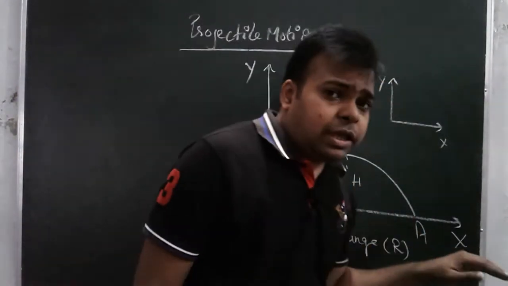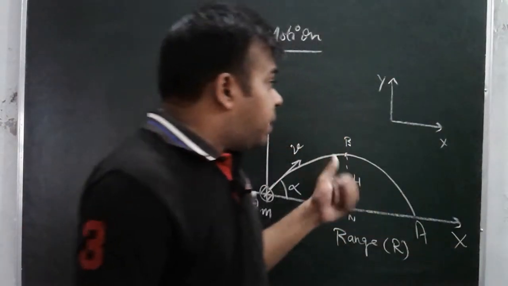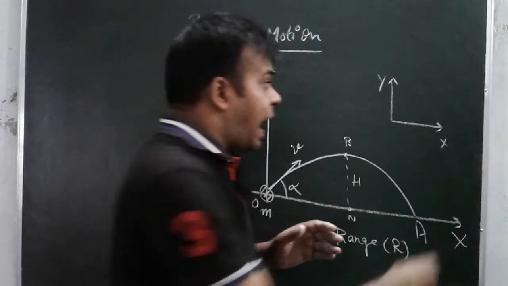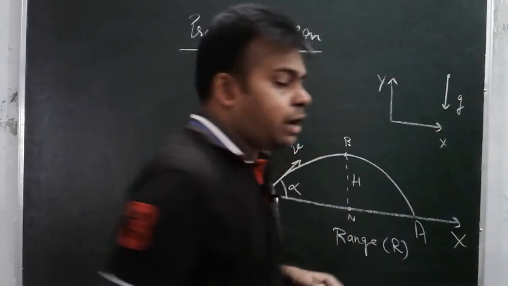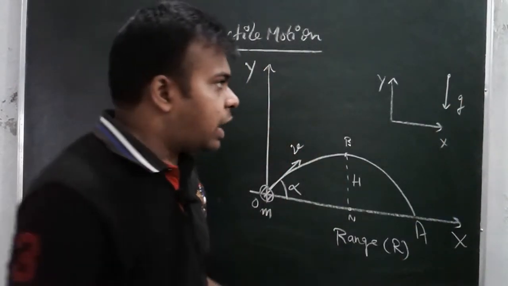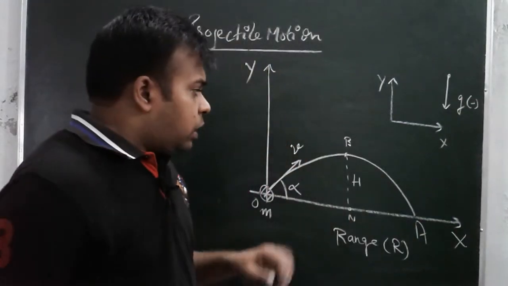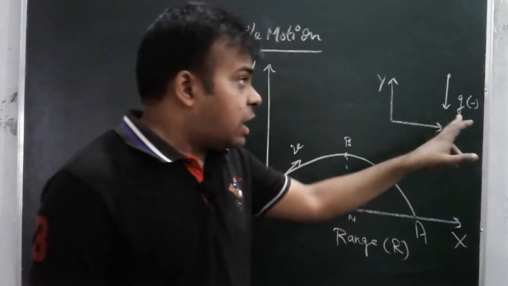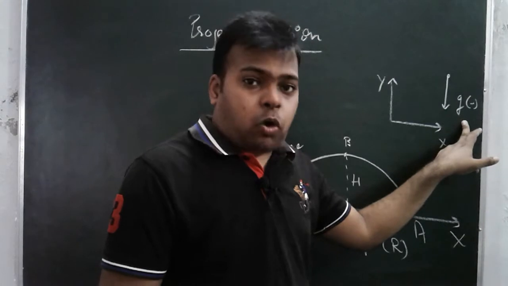Horizontal velocity is constant throughout because there is no acceleration, but the vertical velocity has acceleration, always acting downward, which is acceleration due to gravity, and it is always shown with a negative sign. So in the vertical direction the velocity is continuously changing because acceleration due to gravity acts throughout on the ball.